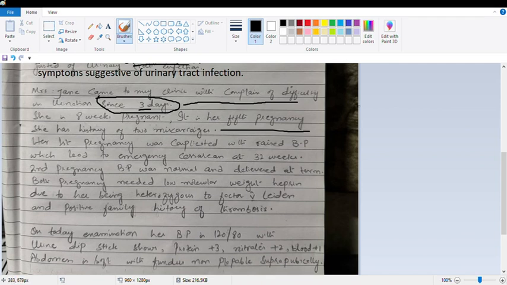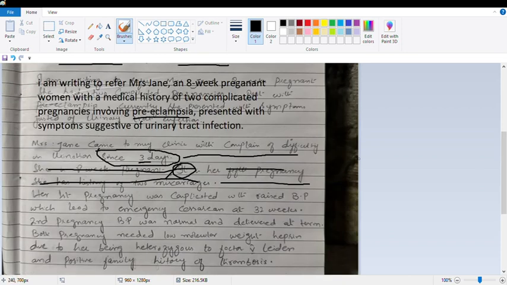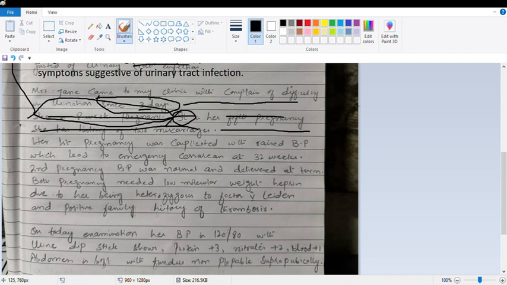She is 8 weeks pregnant. This is not appropriate to use here. She has a history of 2 miscarriages. You already mentioned these things in the introduction. You already mentioned she is 8 weeks pregnant in the introduction, so please don't repeat the information.